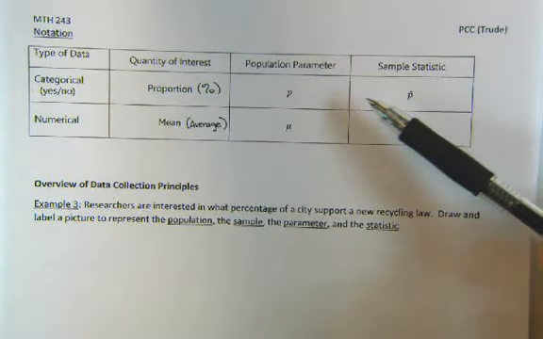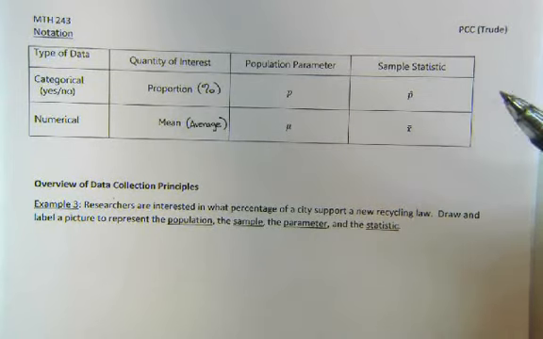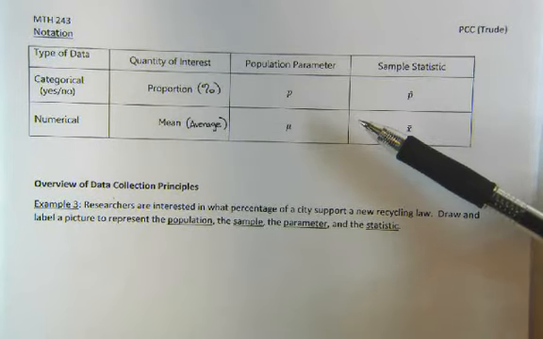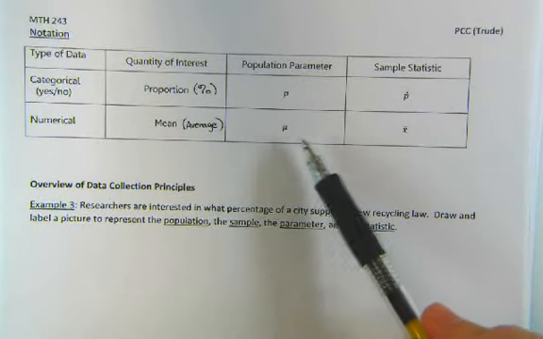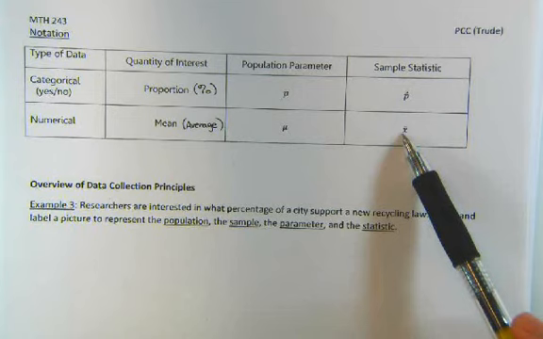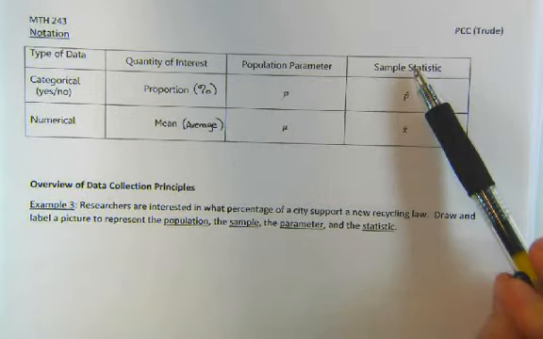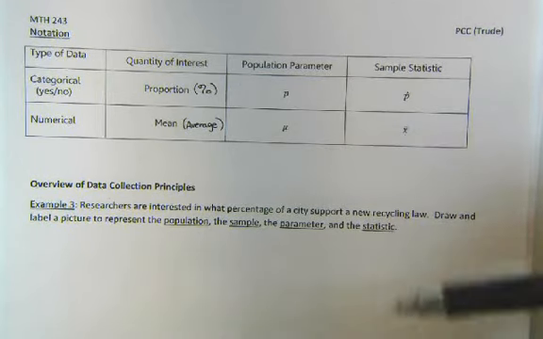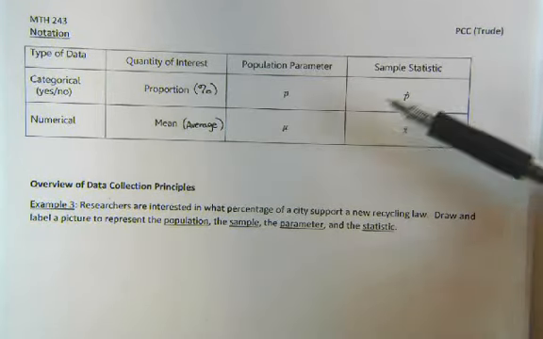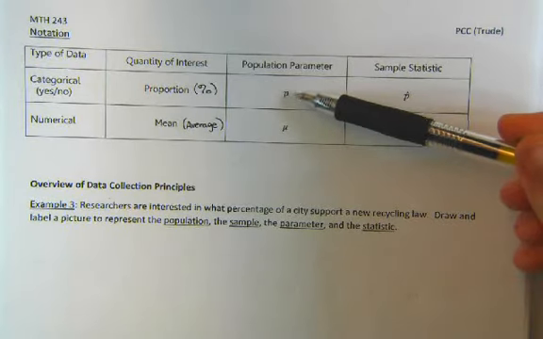I highly recommend having somewhere in a notebook or on a piece of paper a page for notation, because we're going to be getting all of these symbols, and while both of these symbols represent an average, they look completely different, and it's because of where they're coming from. So it can be helpful to have a page of the symbols and what they represent, especially when we start making formulas that plug in these values.